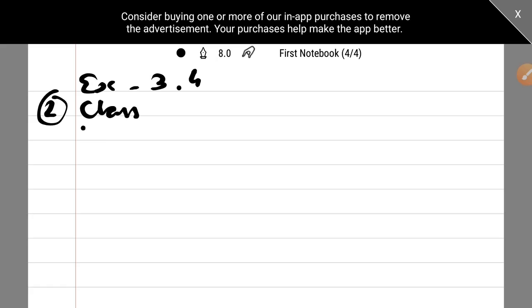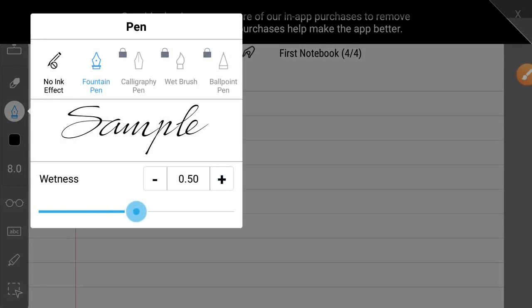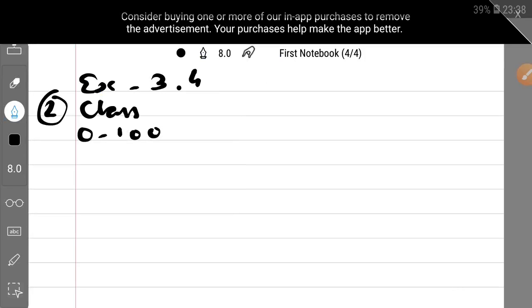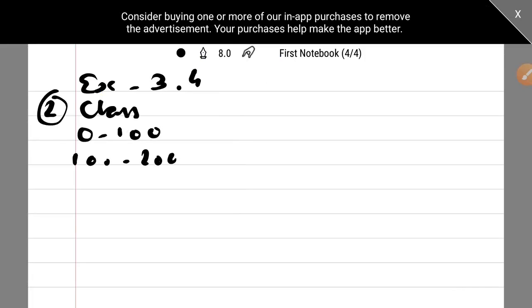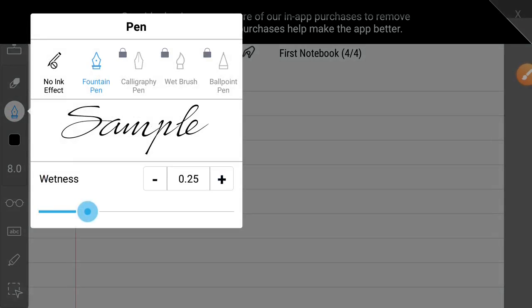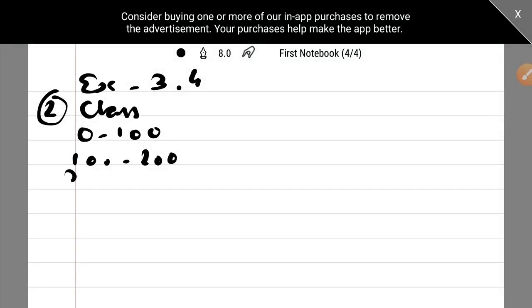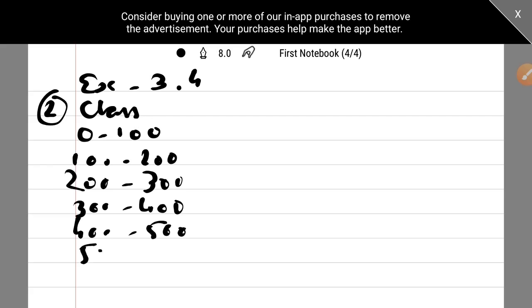Classes are 0 to 100, then 100 to 200, then 200 to 300, then 300 to 400, then 400 to 500, 500 to 600. So these are the classes given.